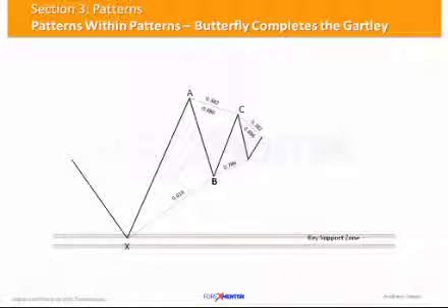We're now looking for that possible bullish butterfly to form at the same area that the Gartley would complete at. We can label this X, A, B, and C. So you can see we have that structure.